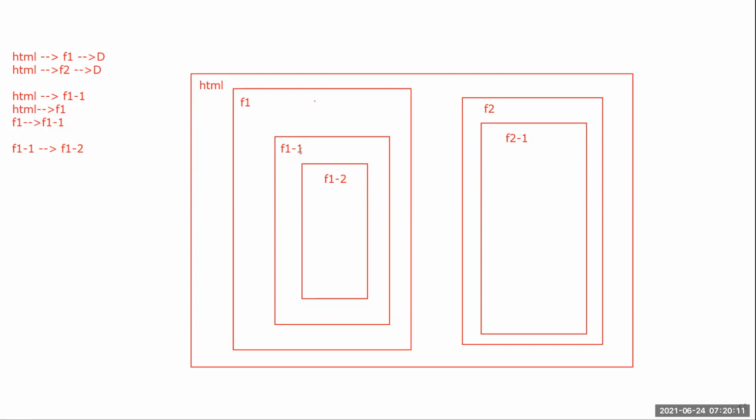So if you want to move from F12 to F11, then what we have to do is call a method called parentFrame. Because F11 is the parent of F12, if you want to move back from F12 to F11, you have to use parentFrame.